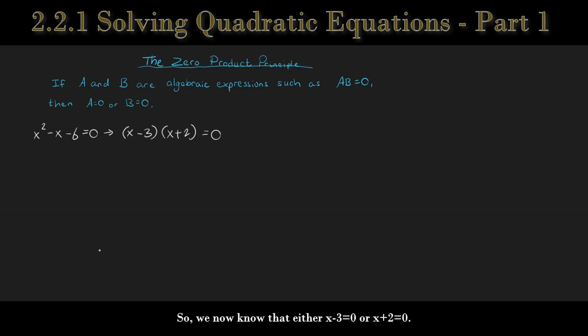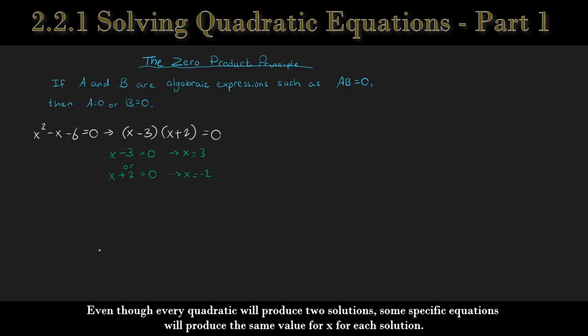So we know now that either x minus 3 equals 0 or x plus 2 equals 0. Solving each expression for x, we get the solutions x equals 3 and x equals -2. And that's it. We have solved this quadratic equation.